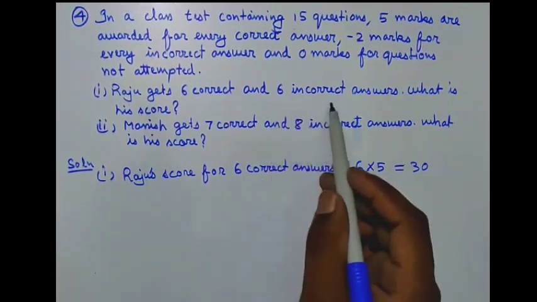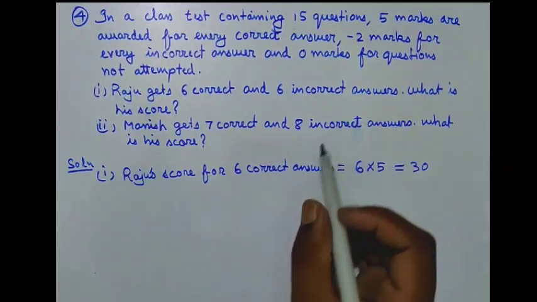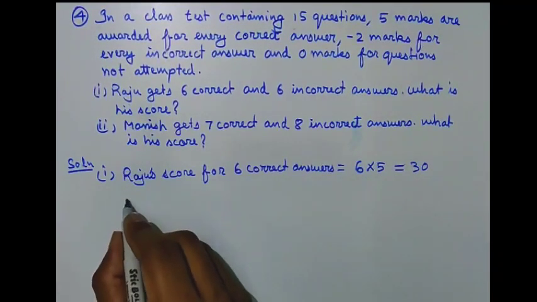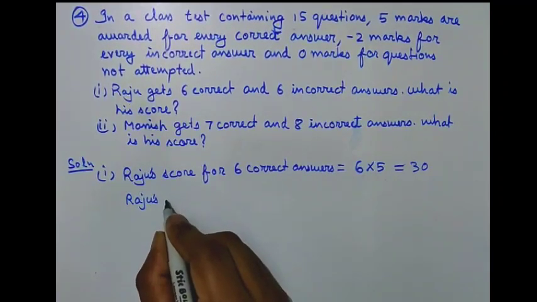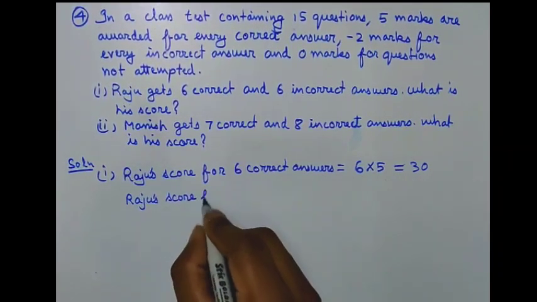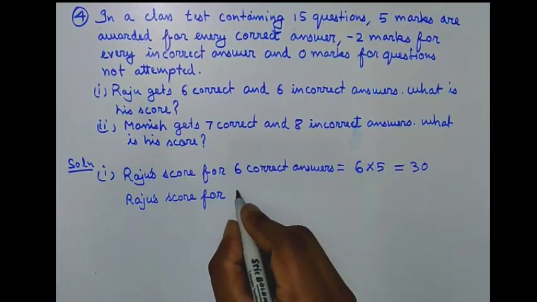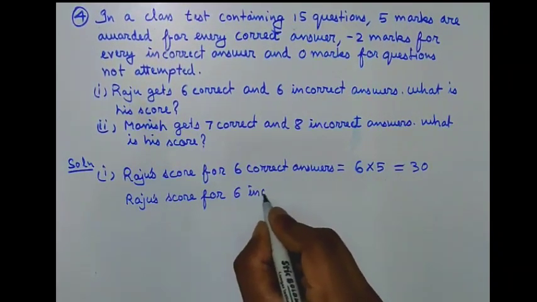Now he gave 6 incorrect answers also. So for incorrect answers, let's find the score. Raju's score for 6 incorrect answers.